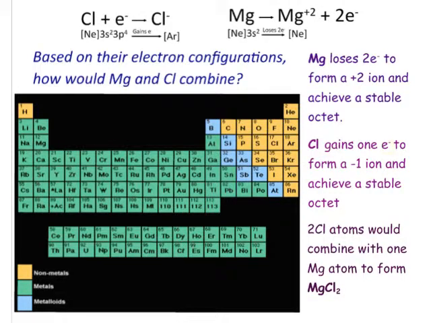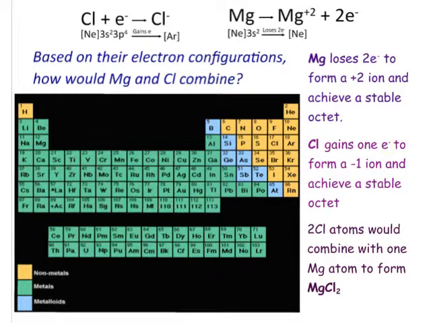One final question. Based on their electron configurations, how would magnesium and chlorine combine? How would they bond? We've already explained how magnesium becomes an ion and achieves a stable octet, and how chlorine does. Chlorine only wants to gain 1 electron, but magnesium would like to lose 2, so they would combine in a way such that we'd have a magnesium atom and 2 chlorine atoms.